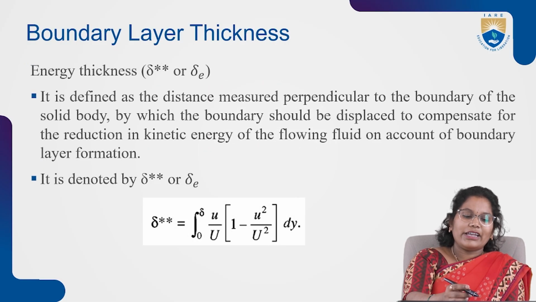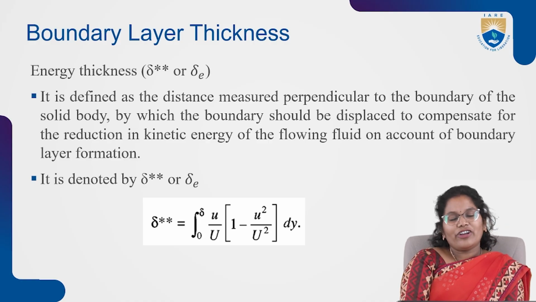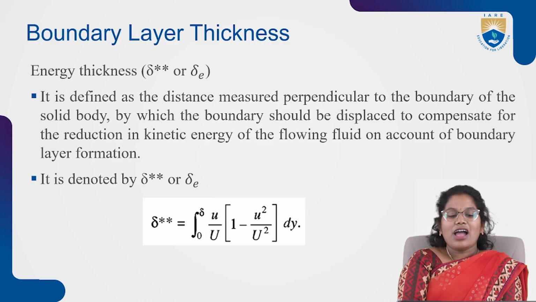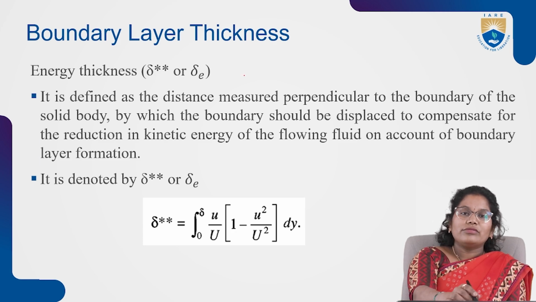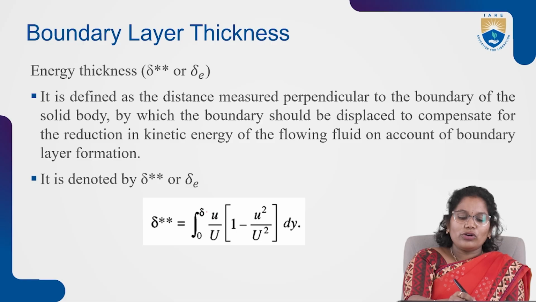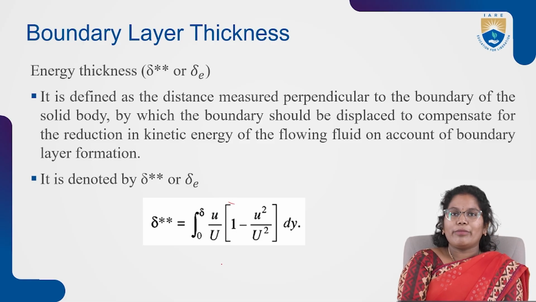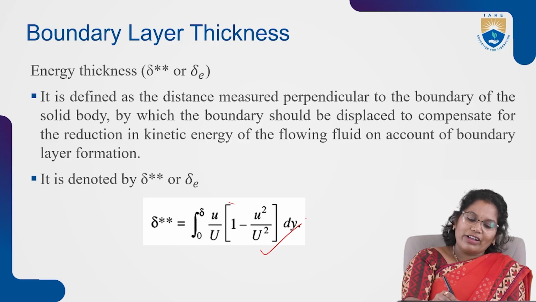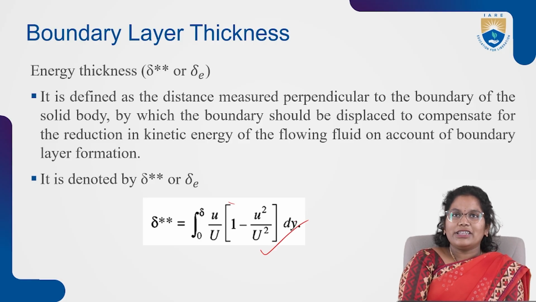The second one is energy thickness, denoted by delta double star or delta E. Both ways we can denote it. The equation is the integration from 0 to delta of small u by capital U into 1 minus u square by capital U square into dy. This is the energy thickness equation.